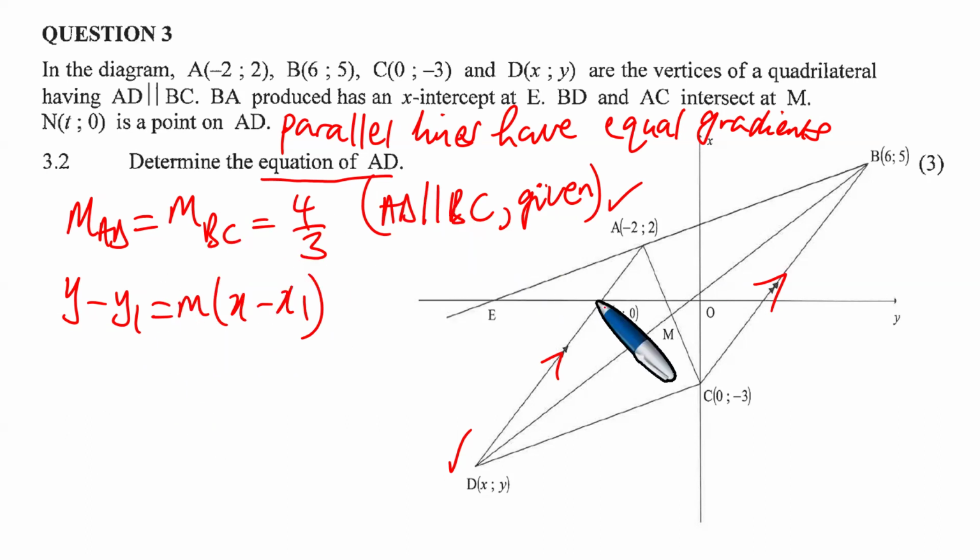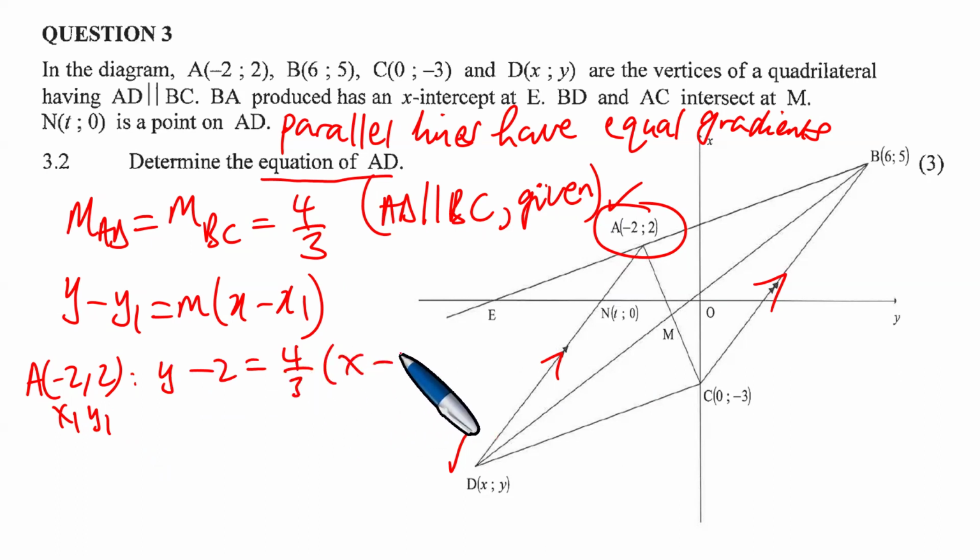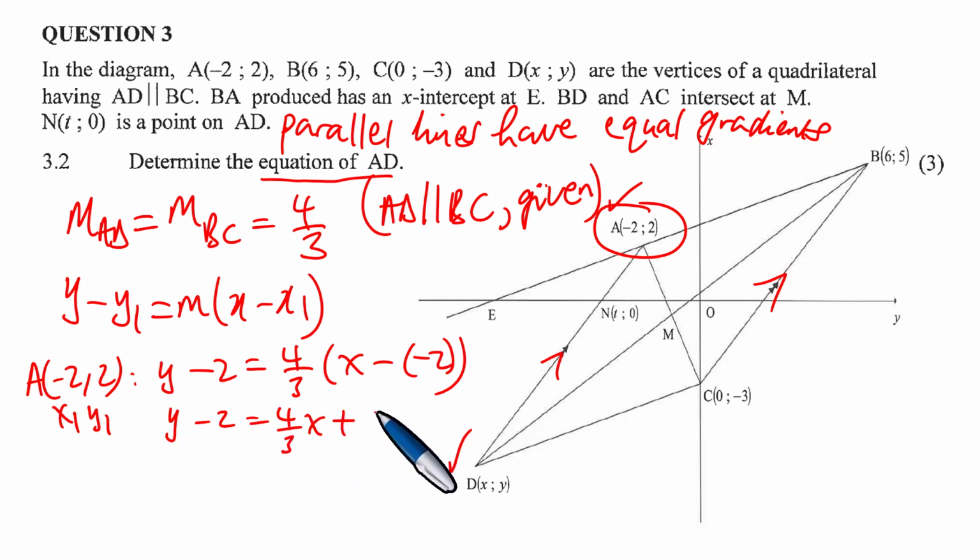This line AD passes through a point, so the point is x1, y1, which gives y minus 2 equals 4/3 into x minus x1, which is minus 2. So y minus 2 is 4/3x plus 8/3.